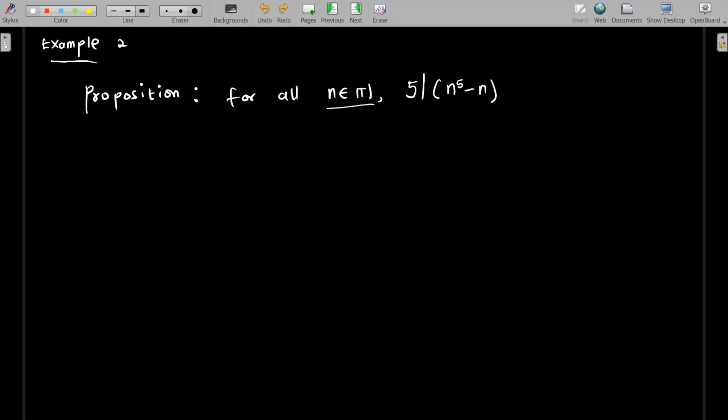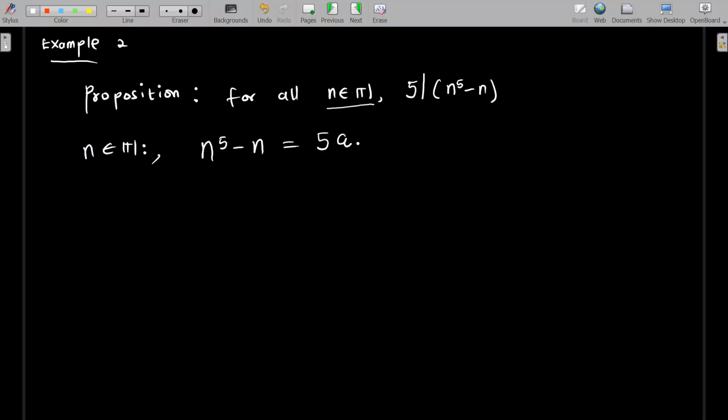So what 5 divides n squared minus n means is that when n is in the natural numbers, n squared minus n, oh sorry, I said n squared, n to the power 5 rather, n to the power 5 minus n can be rewritten as 5 times some expression.